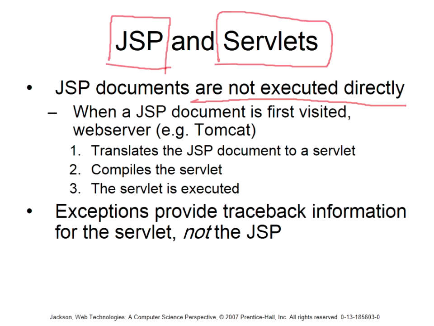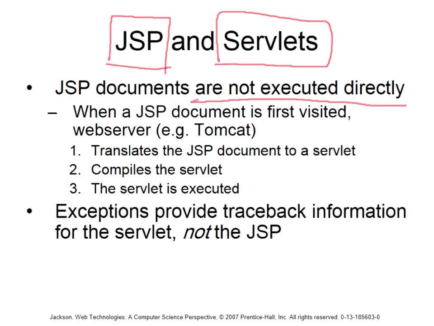When a GSP document is first visited, the web server, for example Tomcat, translates the GSP document to a servlet. After that, it compiles the servlet, and the servlet is executed. If there is an exception, exceptions provide traceback information for the servlet and not for the GSP. Is it clear?